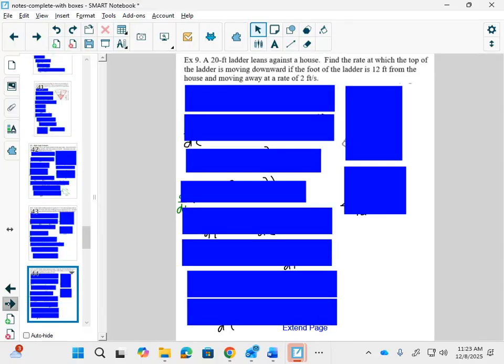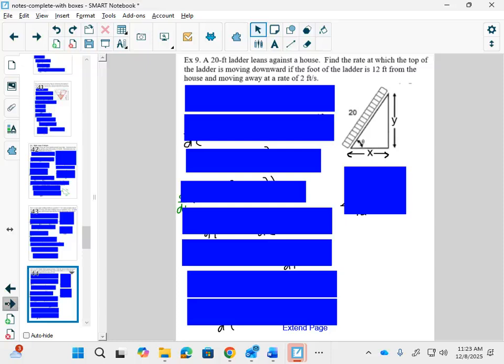But, ladders against houses. We in calculus love putting a ladder against the house. We can draw a picture of it. There's our ladder. There's our house. And you start going up the ladder and you realize you've made a fundamental mistake of not securing it.